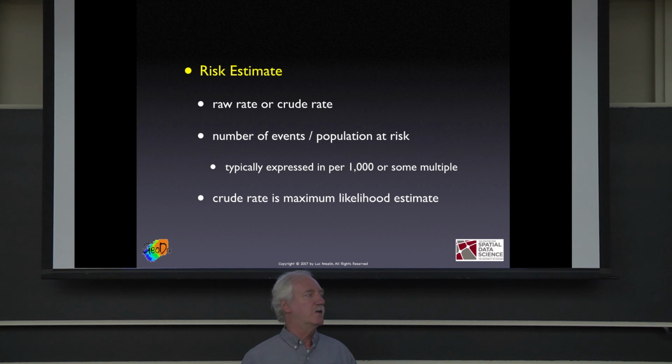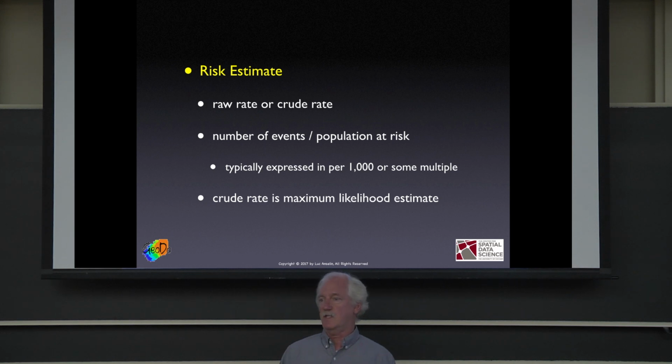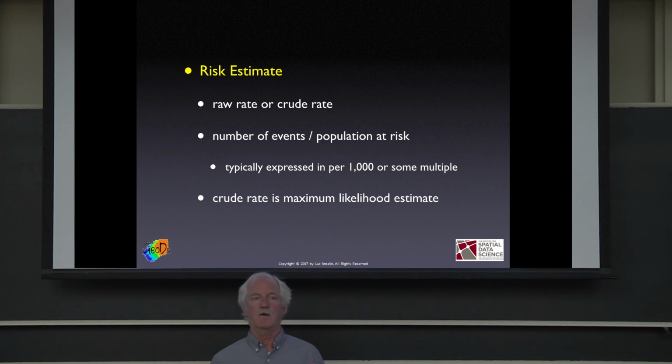So if you're interested in the risk of getting your wallet stolen walking in a downtown business center, what is the population at risk? It's the people who walk downtown, right? That is not the population of the downtown in the census, because that's often close to zero. Nobody lives there, right? So how do you get an estimate of the true population at risk?